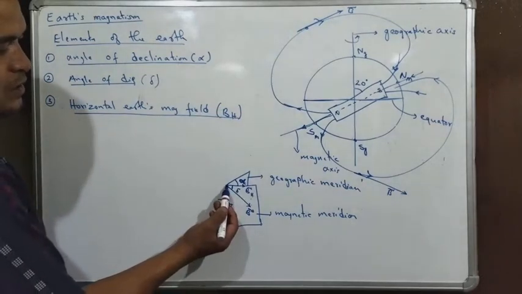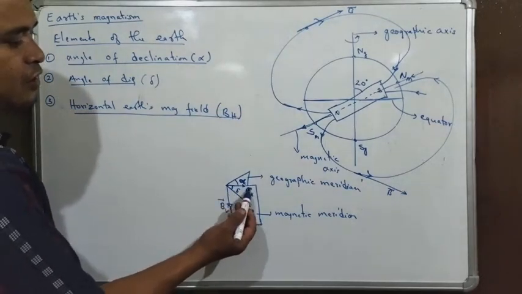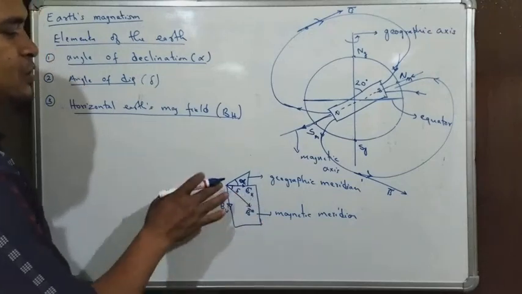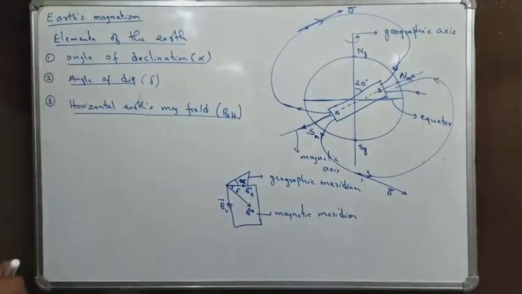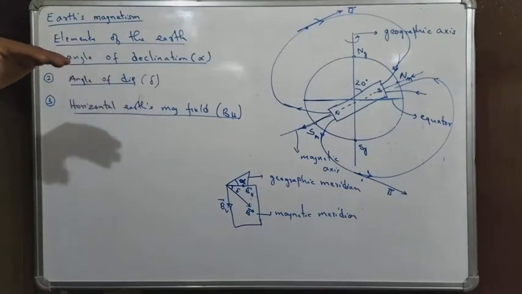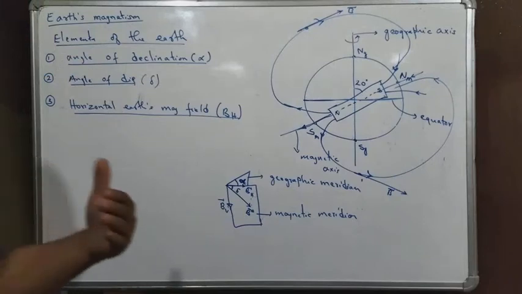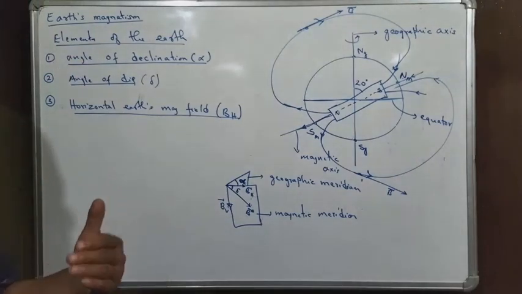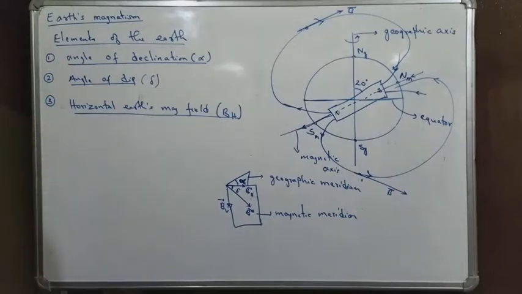It is the component along the horizontal, which is acting in the magnetic meridian. By knowing all these three elements of the Earth, you can determine the magnetic field of the Earth at any point on its surface.